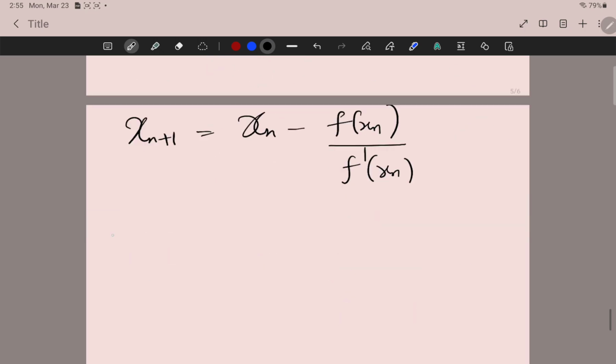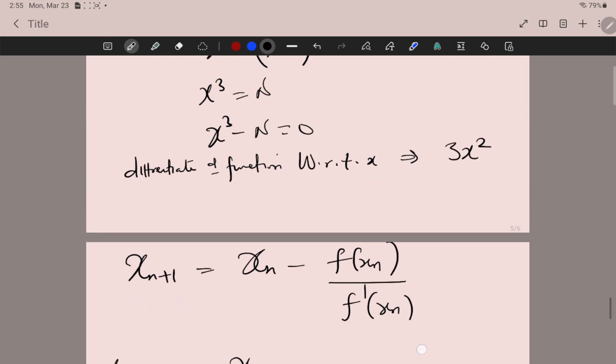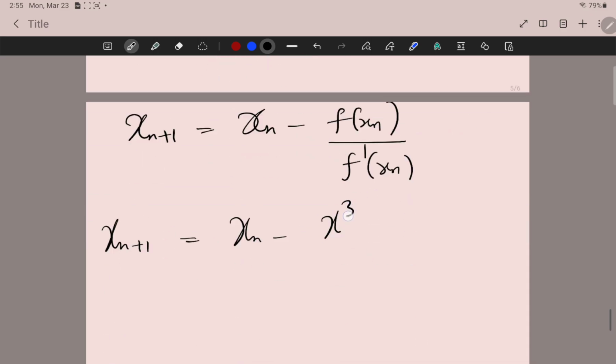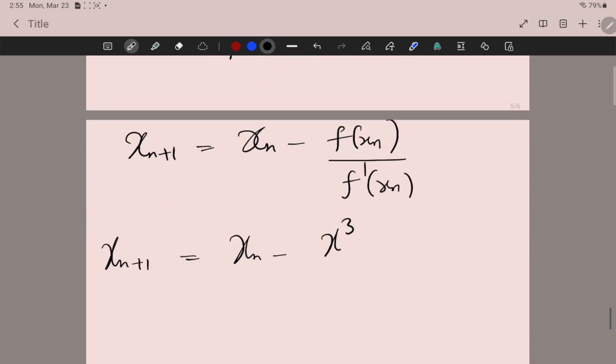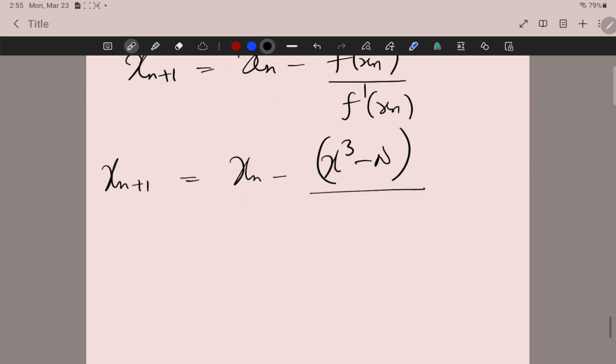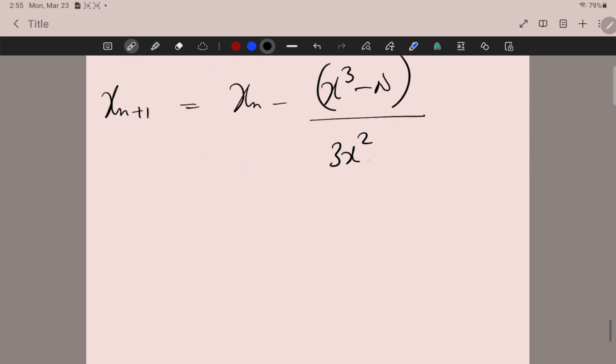So x_{n+1} is equal to x_n minus f of x_n, which is the equation itself, x cubed minus n, over f prime of x_n, which is 3x squared. Anywhere you see n, just put n so that everything will rhyme.